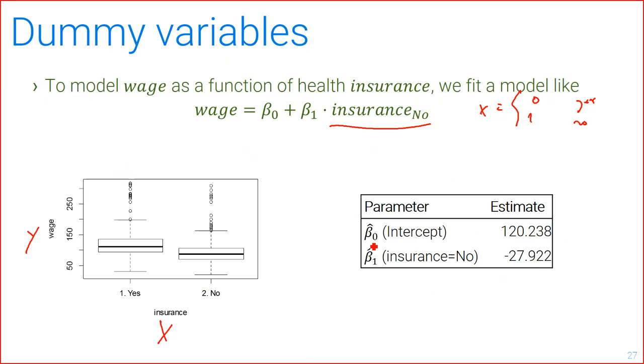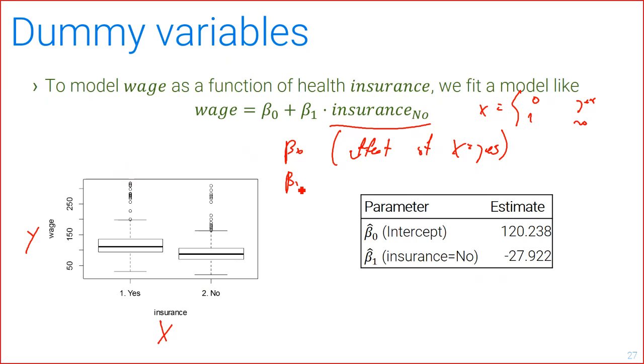If we fit the model, we have these estimates. We have beta 0 with a value of 120, and beta 1 with a value of minus 28. How do we interpret this? Again, when the dummy variable equals 0, the only thing that is active in the model is beta 0, and that corresponds to the case in which insurance equals yes. So beta 0 is modeling the effect of X equals yes.